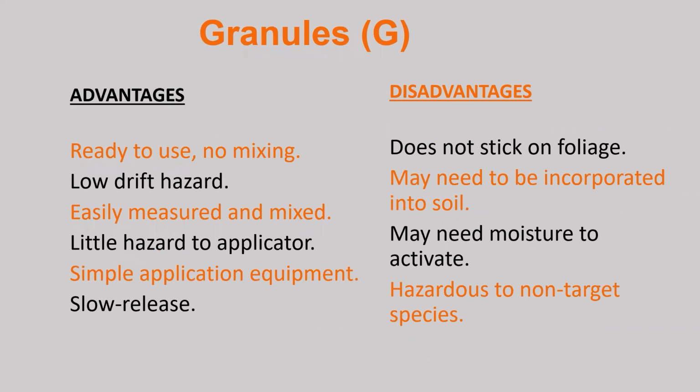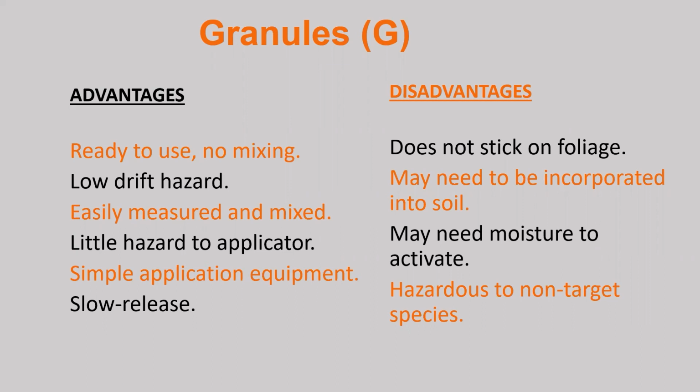This is where we're starting to see a few more things that you guys deal with on a daily basis. Granules are becoming really popular. Most granules are ready to use with no mixing. They have a low drift hazard. Easily measured and mixed. On the label, it'll tell you so many ounces or so many pounds per acre.